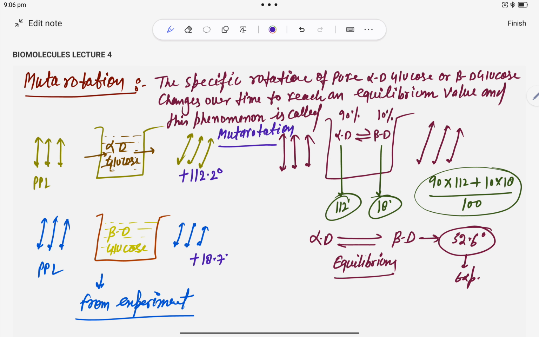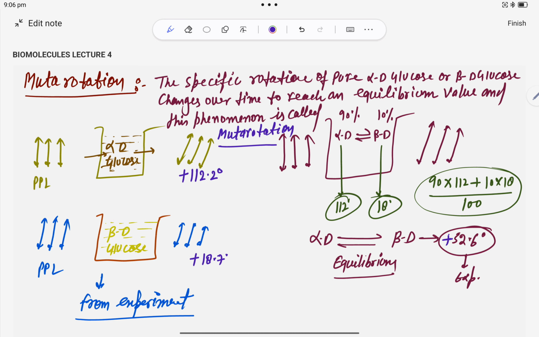Plus 112.2 degrees, plus 18.7 degrees, and after the equilibrium the angle is plus 52.6, clockwise only. So that is the definition.